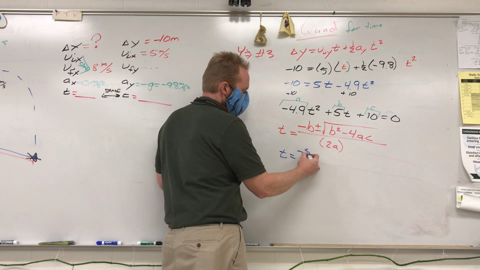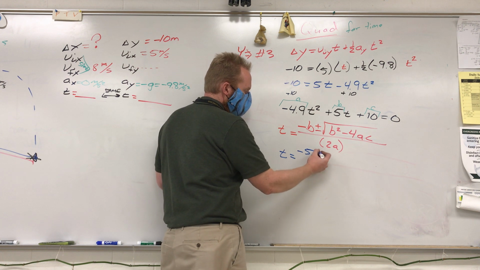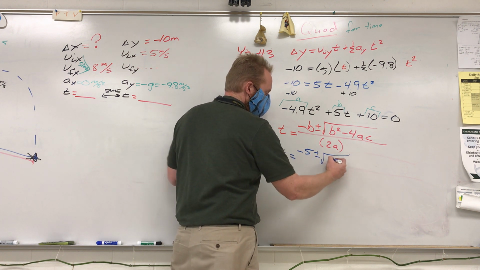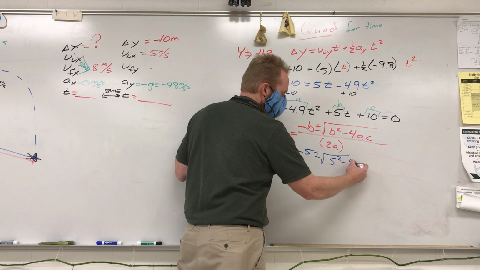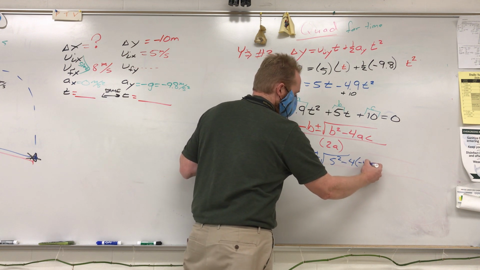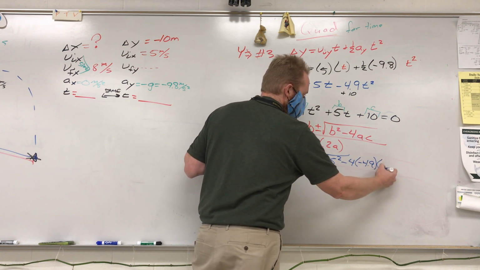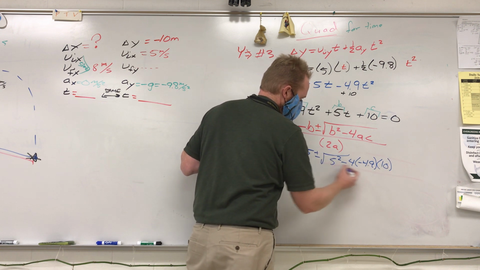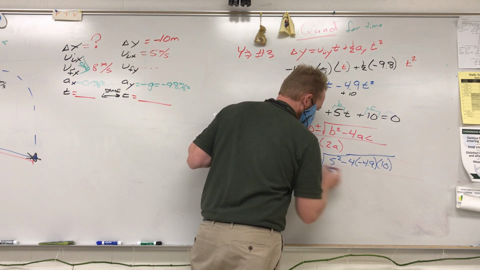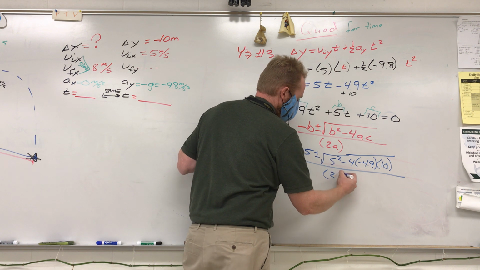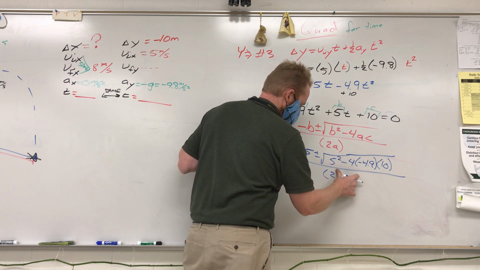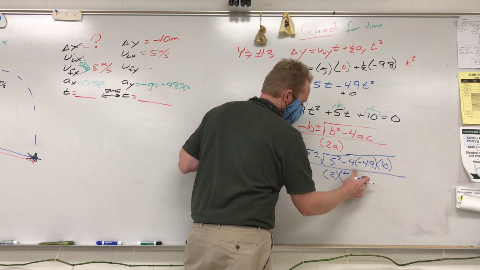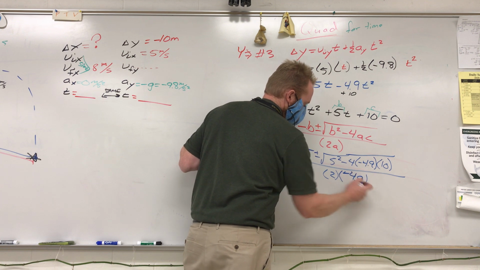B is 5, so negative b plus or minus the square root of 5 squared minus 4 times negative 4.9 times 10, all divided by 2 times negative 4.9.